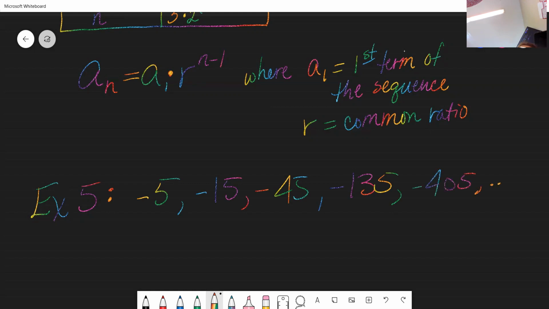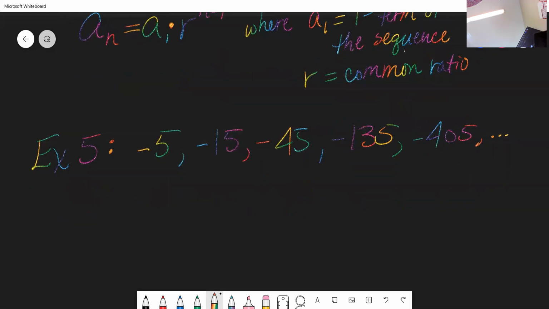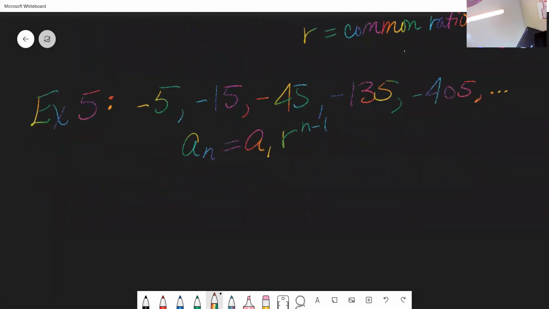See how these geometric sequences escalate quickly. All right, so our explicit formula, AN, this is our base formula, equals A1 times R to the exponent equal to the previous position.